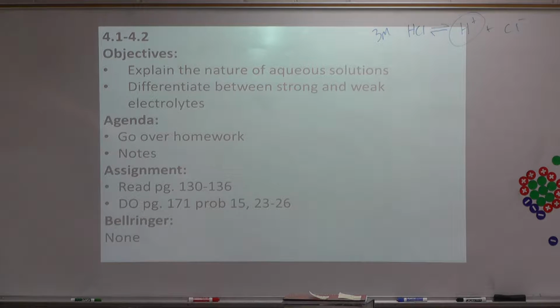That's what tells us pH. So if I know about a 3 molar HCl solution, what's the molarity of my hydrogen? 3.